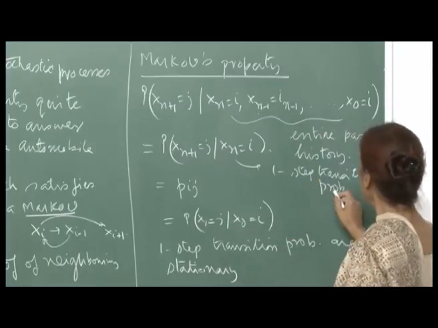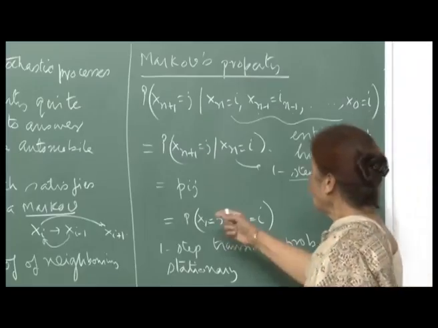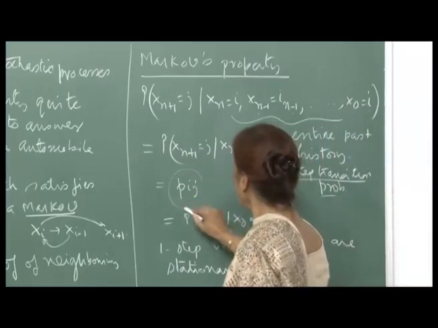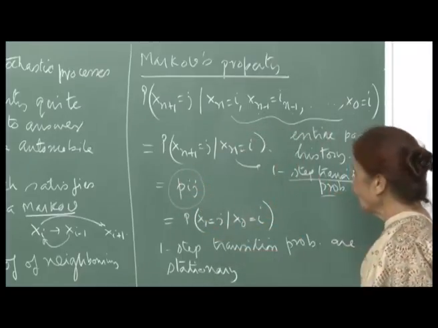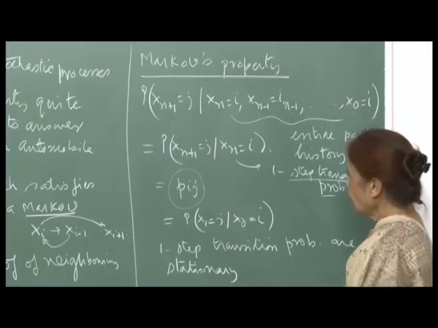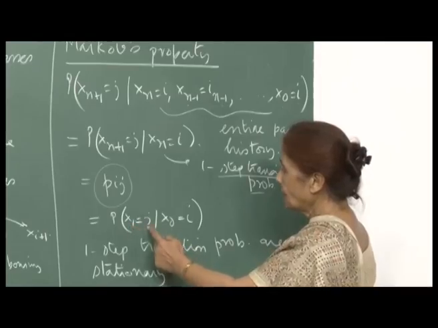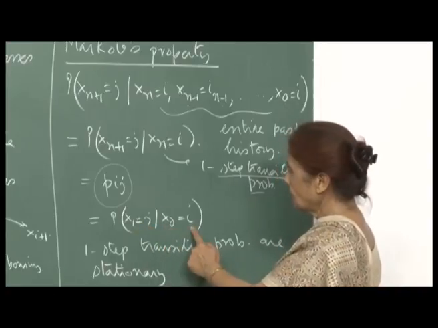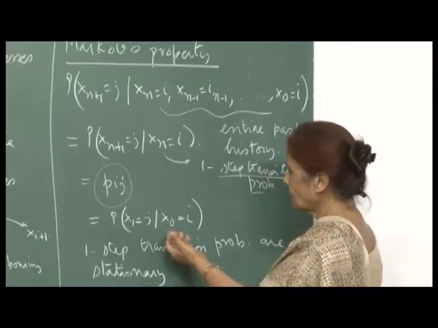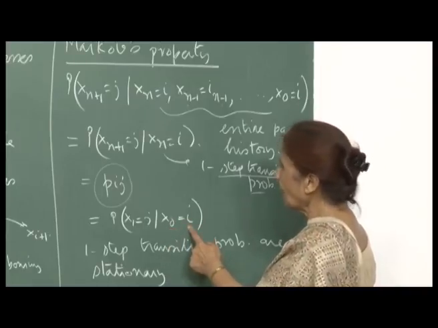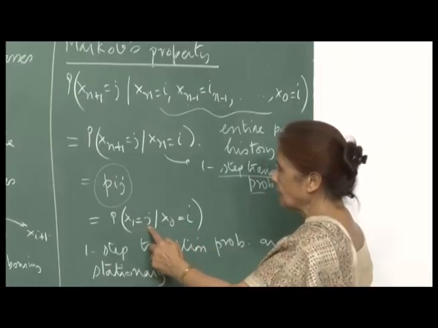These are known as one step transition probabilities, and we will call them Pij. I am not writing anything else here because I am making one more simplification: we are saying that this is actually equal to the probability of X1 equal to j, given that X0 is i. That means if the system started in state i, then in the next period it is in j.